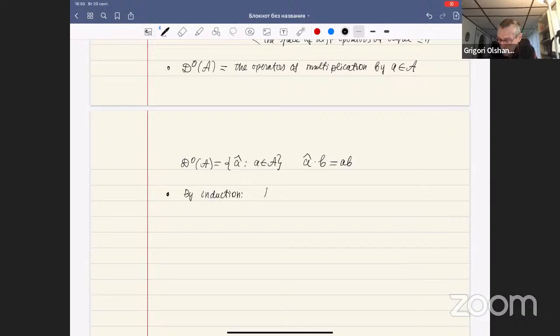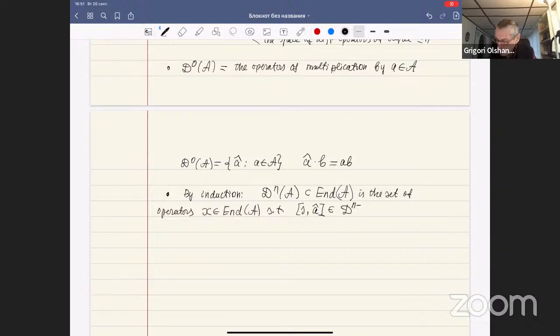We say that D_n(A) is the set of operators X on A such that by taking the commutator with any operator of multiplication, we are reduced to the subspace of differential operators of smaller degree.